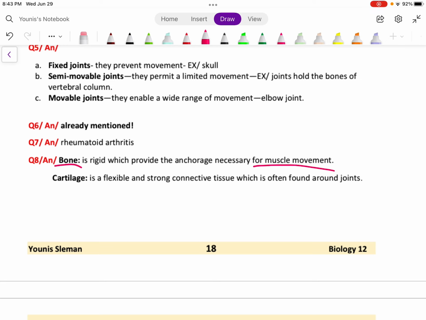But cartilage is more flexible. It covers the surfaces of bone and prevents friction in the joint areas. In terms of structure, cartilage has a semi-solid matrix, but the bone matrix is solid, so it's rigid, while cartilage is flexible. That's the main difference.